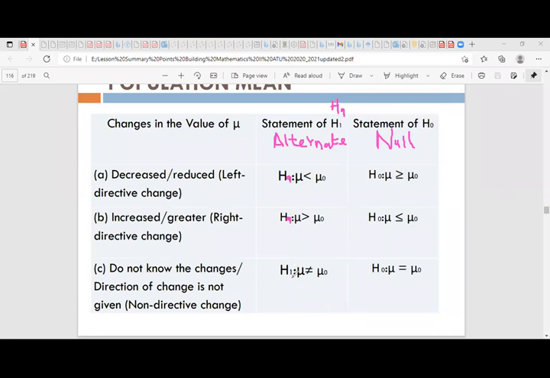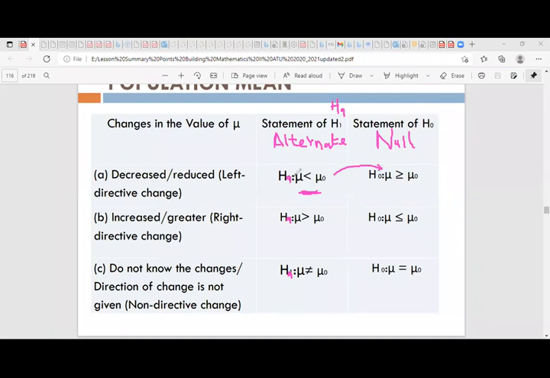So what we are saying is there are 3 different possibilities for each of the claims. If the claim made by the manufacturer is that the average is less than some value, this is how it will be written. Which means the opposite statement will be what?